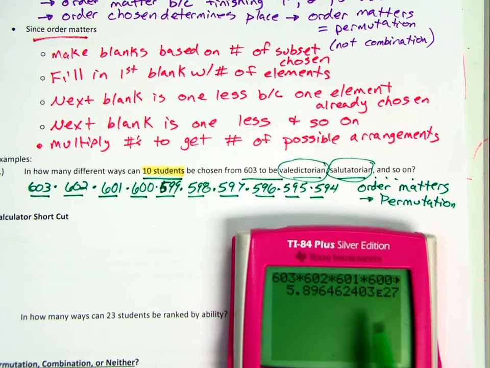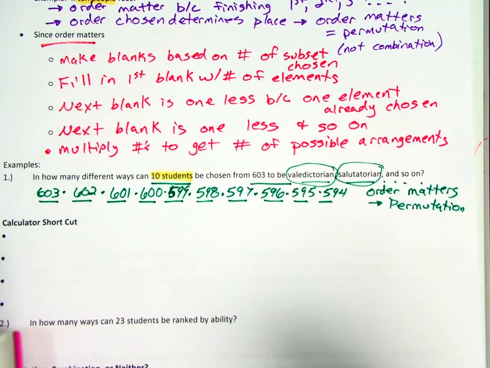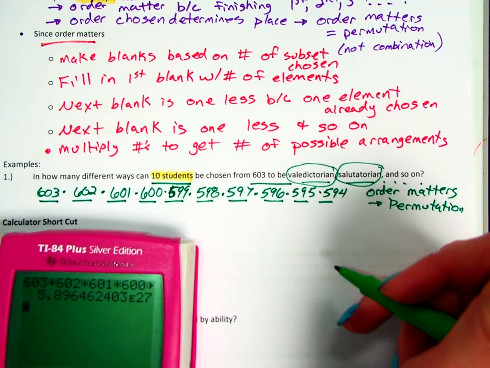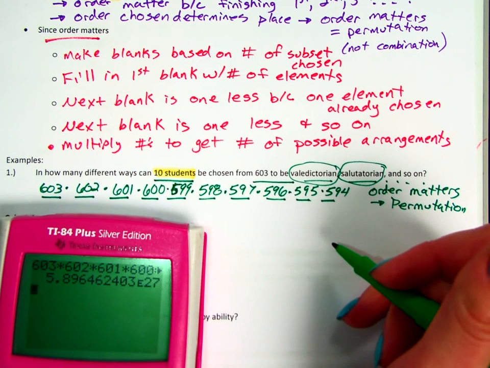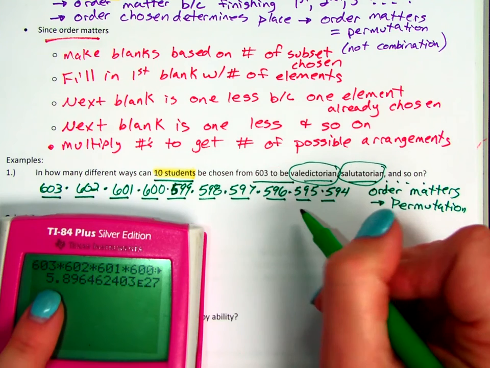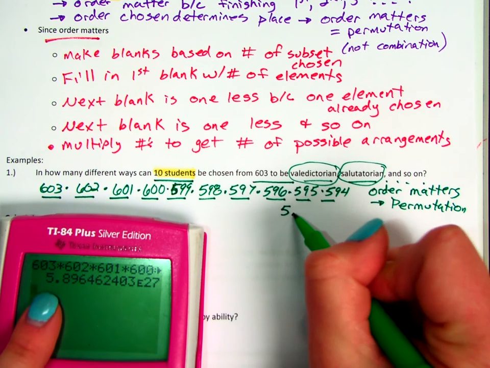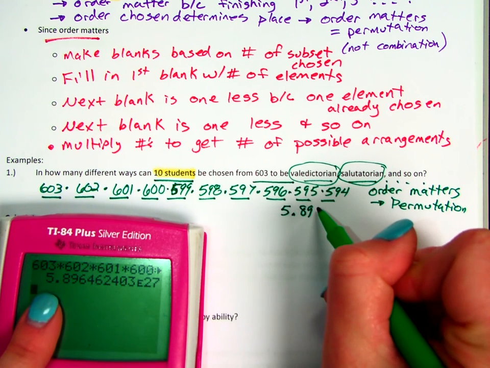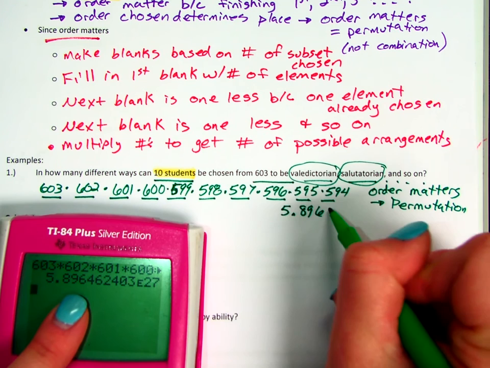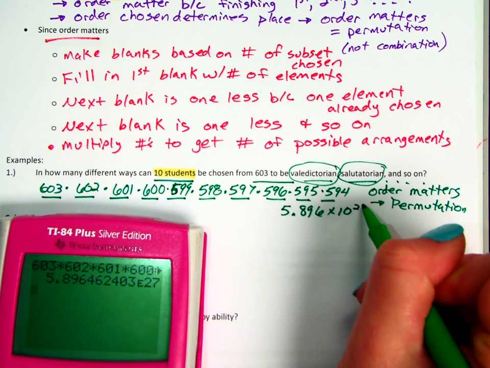So this one is one of those scientific notation ones. So, because I'm viewing it like this, I'm going to only go a few after the decimal. So 5.896 times 10 to the 27th ways.